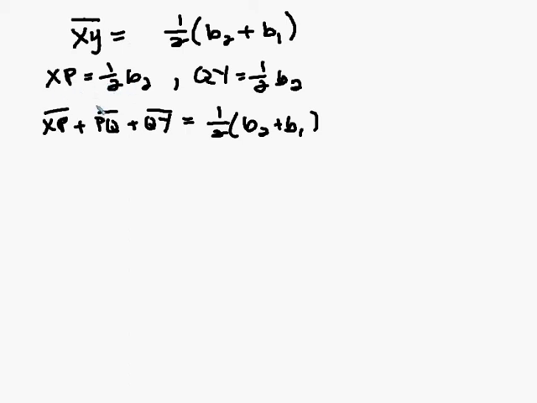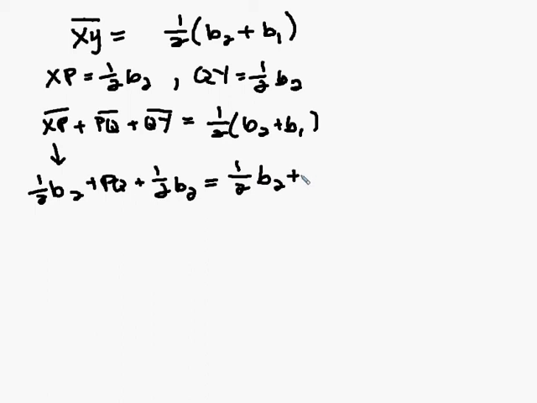I also know that XP is equal to 1/2 B2, so I'm going to substitute 1/2 B2 for XP and 1/2 B2 for QY, and then I'm going to solve for PQ.